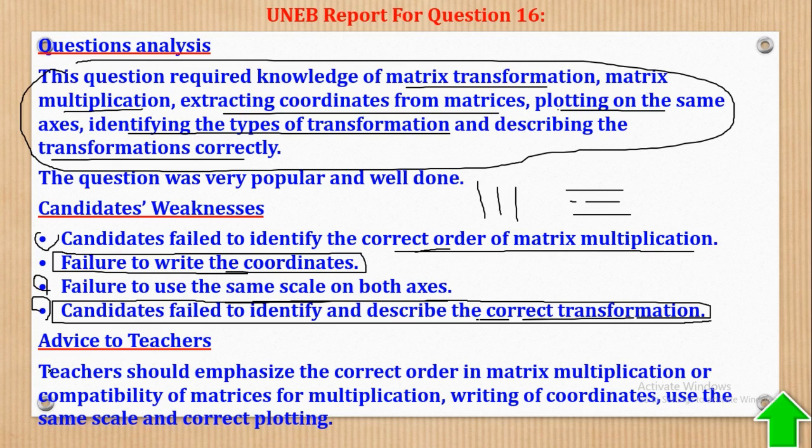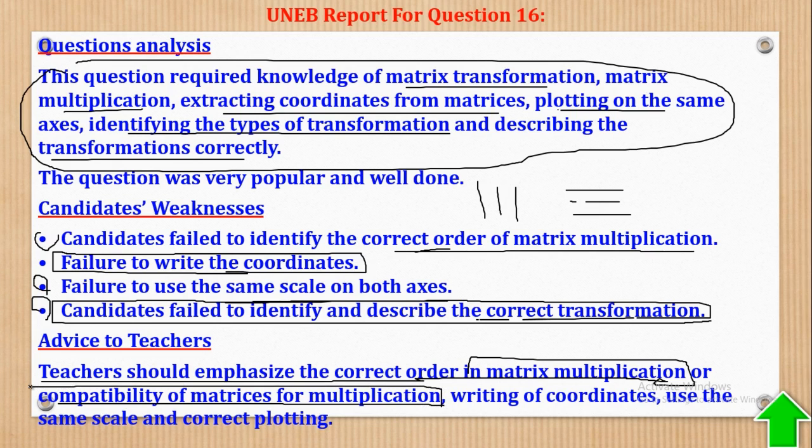So advice to teachers should emphasize the correct order of matrix multiplication. This is very important, because if you interchange, the matrix multiplication cannot come up. Or compatibility of matrices for multiplication. Some matrices cannot be multiplied.